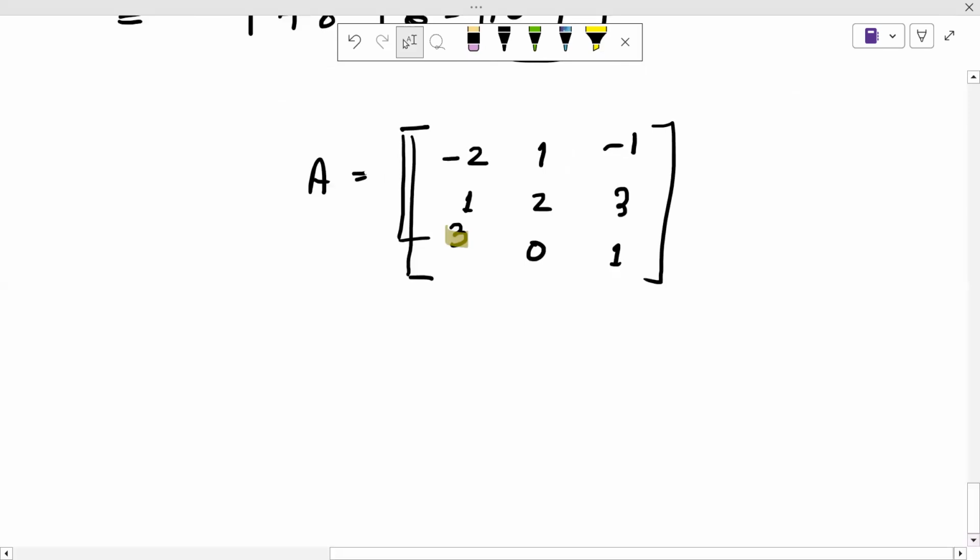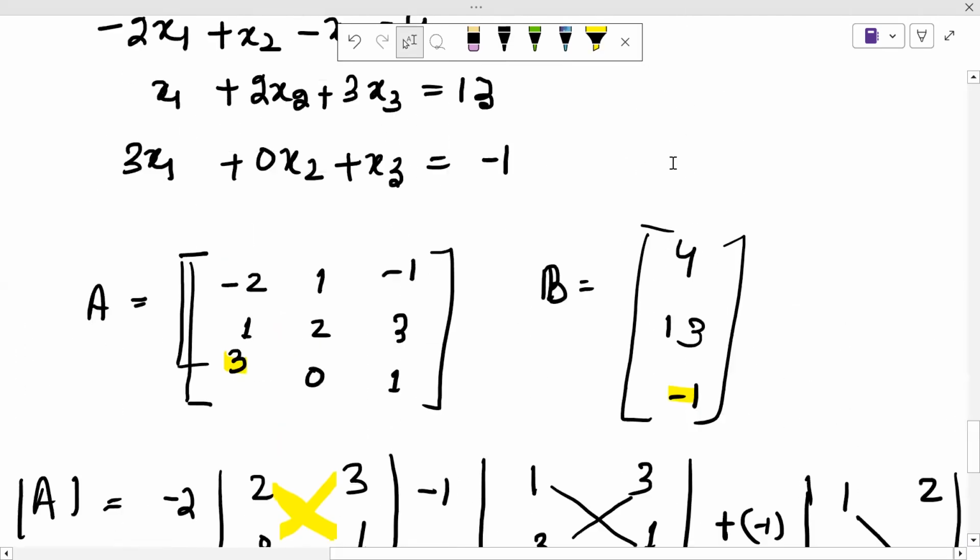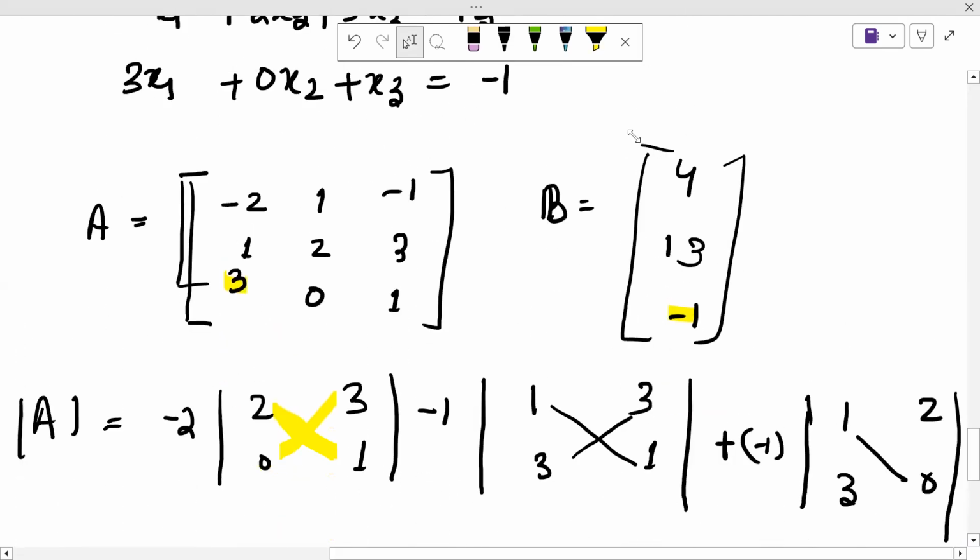When we evaluate this value, then del 1, we need to evaluate the del 1. How to solve? Replace this value by the constant values given: 4, 13 and minus 1. This is our constant.